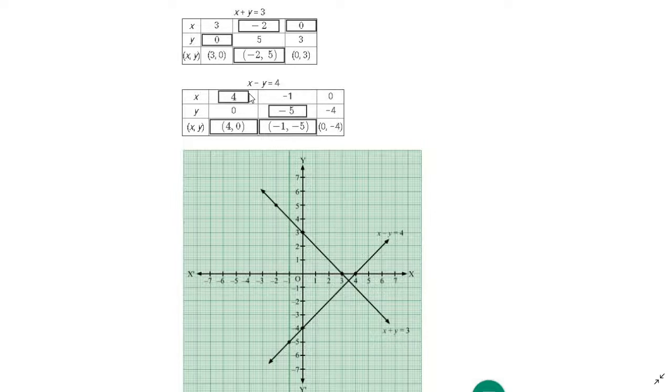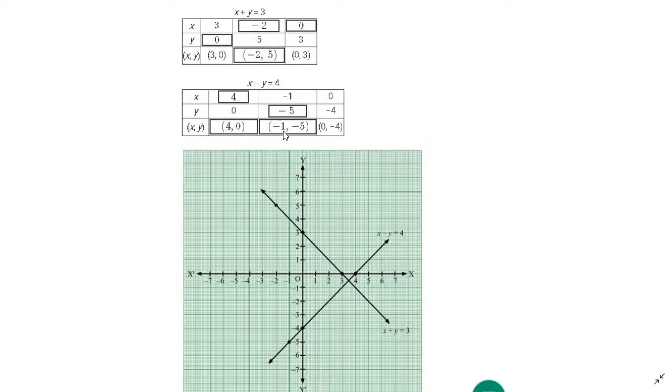Similarly, now we are going to draw the line x minus y is equal to 4. Then we have already completed our table. So what is our first point here? x comma y is equal to 4 comma 0. Let's find the 4 comma 0. 4 is the value of x, so we will find it here, and y is 0 means it is on the x-axis.